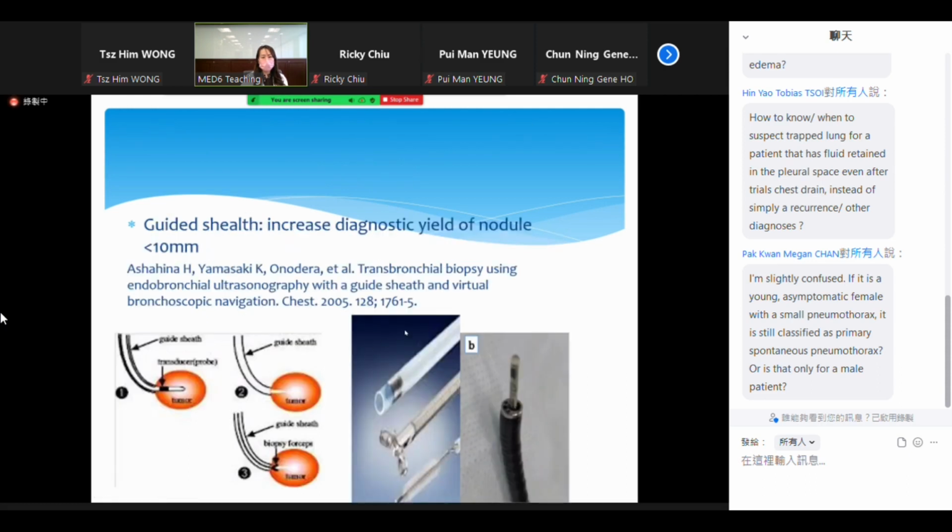Sometimes we will use a guide sheath during the procedure. So we will insert the radial probe with the sheath, and when we reach the tumor, we will remove the radial probe and keep the sheath there, and then insert the biopsy forceps to the lesion. So it can improve the diagnostic yield, especially if the lesion is less than 1 cm.